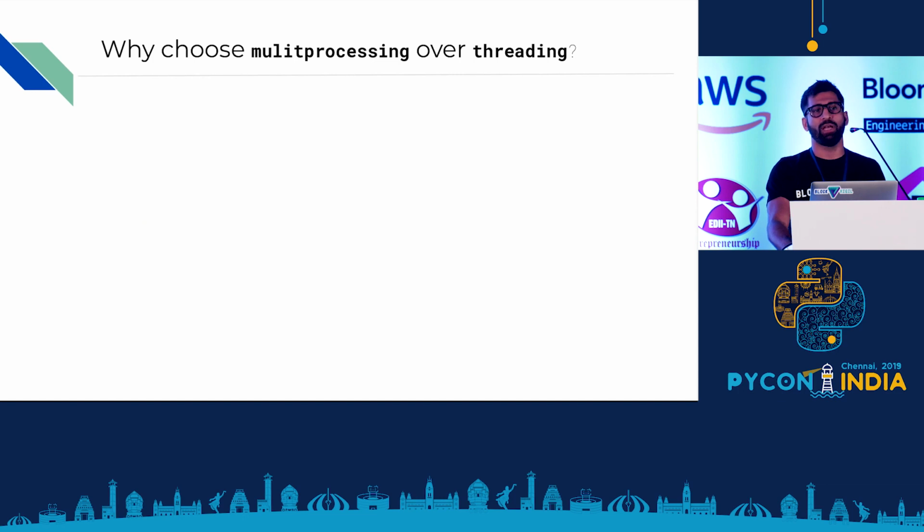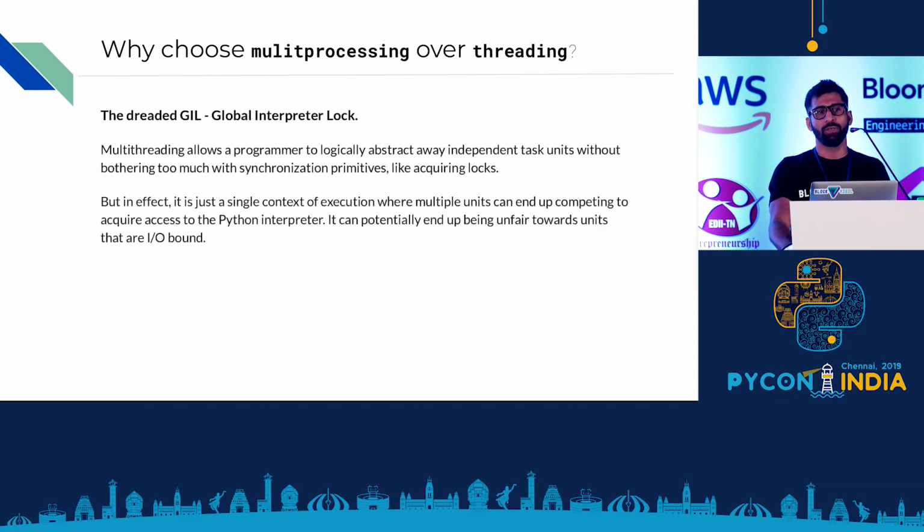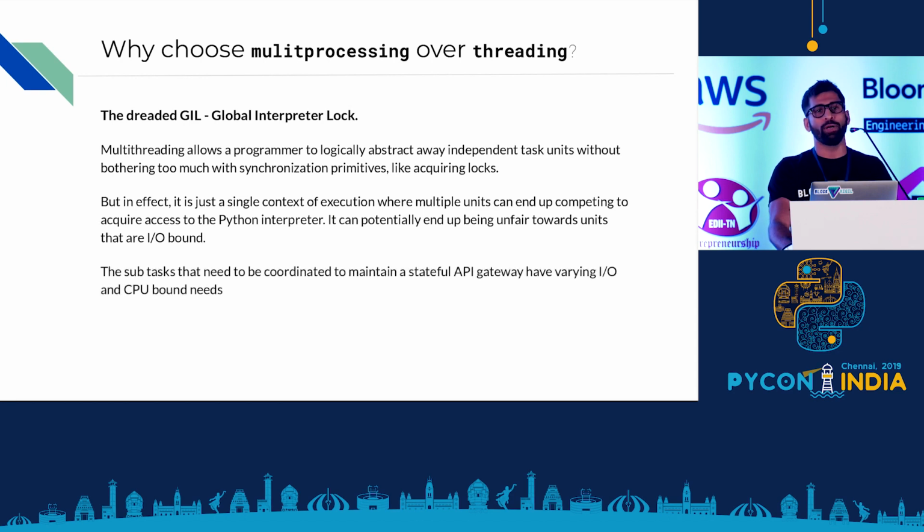Why not threading? People ask me, like, this is a problem with the global interpreter lock. I really don't have the time to go into it, and we have Mr. Beasley over here. You can go have a chat with him later on if you really want to know the detail of it. Logically the code looks good, but what happens is it's always a single context of execution where multiple threads start competing with each other, trying to gain access to the Python interpreter.